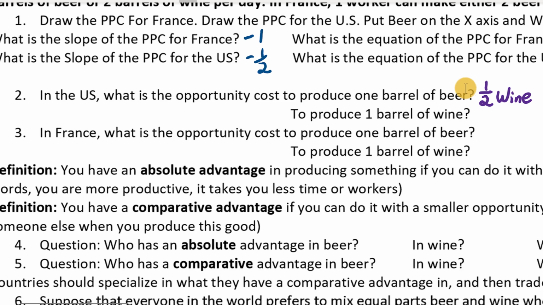Since in order to get 1 more barrel of beer, we have to give up 1/2 of a barrel of wine, then what if we wanted 1/2 of a barrel of wine? We're moving in exactly the opposite direction. We'd have to give up that 1 barrel of beer that we just got, right? So in order to get a whole barrel of wine, we're going to have to give up 2 barrels of beer.